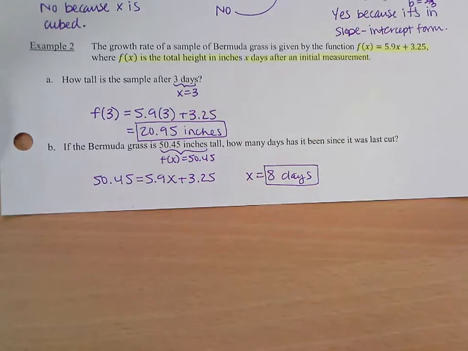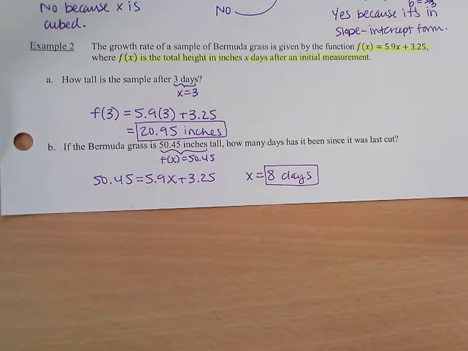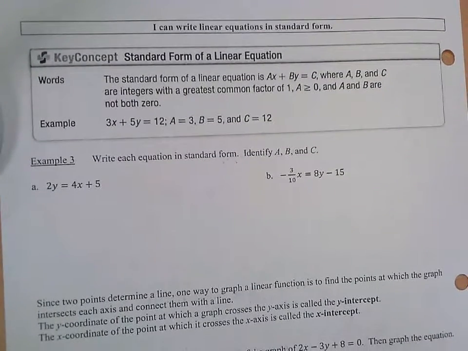You're just replacing that. And then solving that equation for x. So that would be 8 days. Questions there? So always, you guys seemed fine, but just pay attention to what variables represent what units so you know where to substitute things in. We'll move on to standard form.